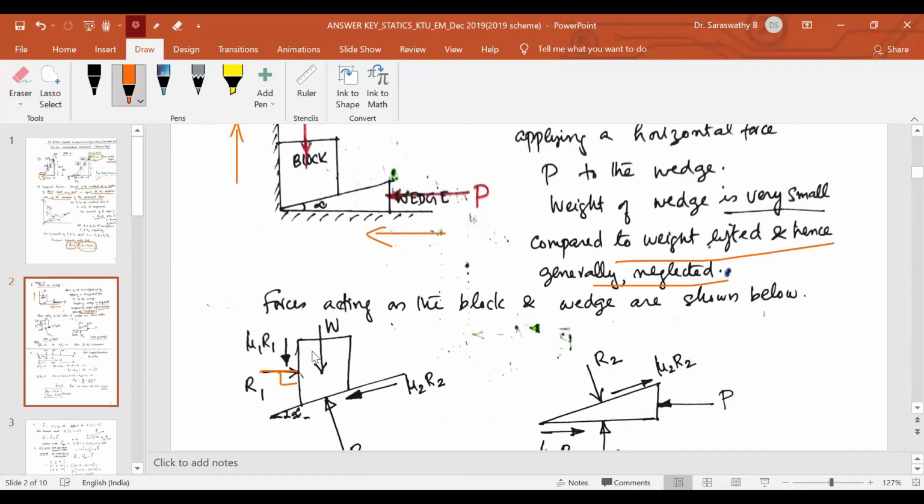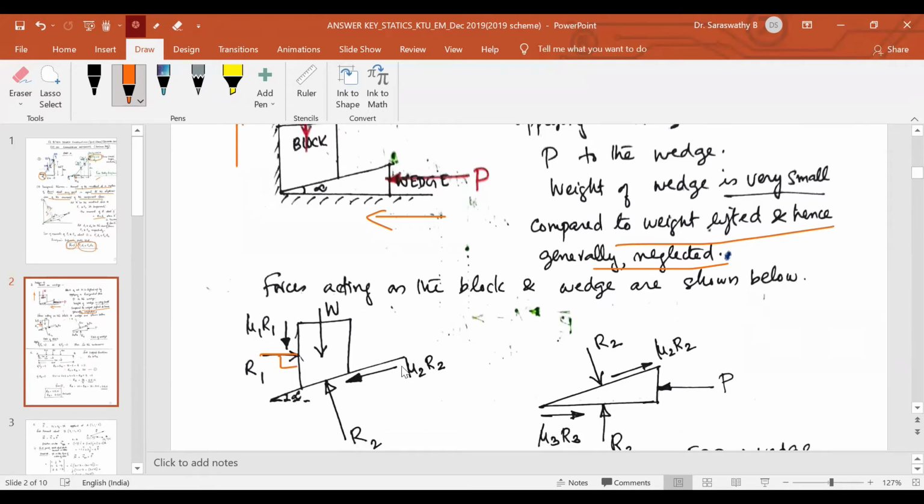Coming to this inclined surface, the wedge is here. So there will be contact reaction from the wedge towards the block. From the wedge on the block, this will be perpendicular to the inclined surface. This is the reaction from the wedge acting on the block. The block is moving up. Block gets raised. So it moves like this.